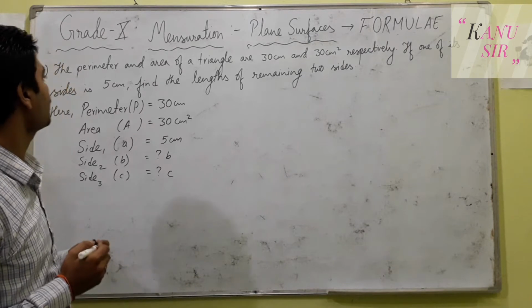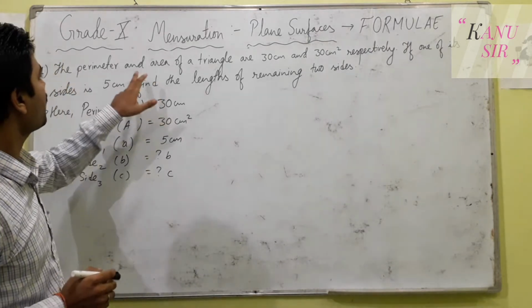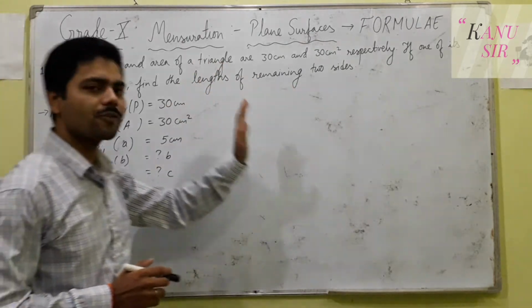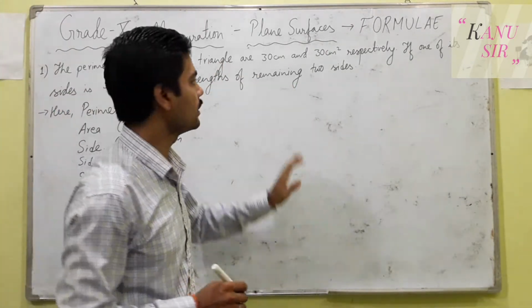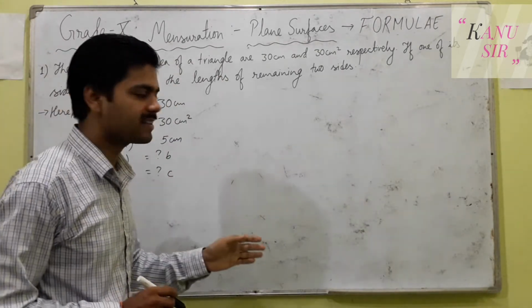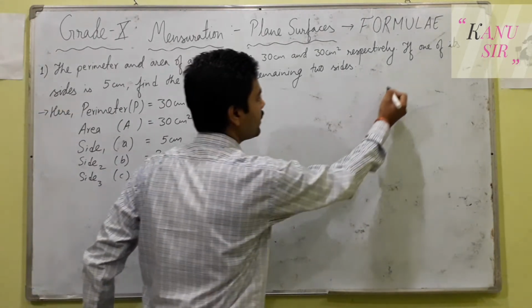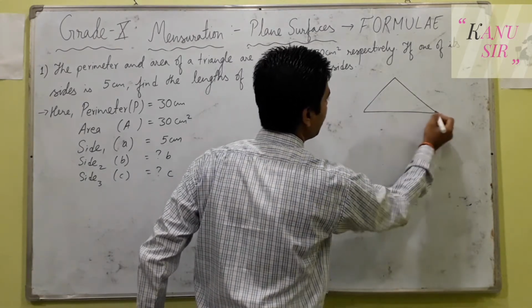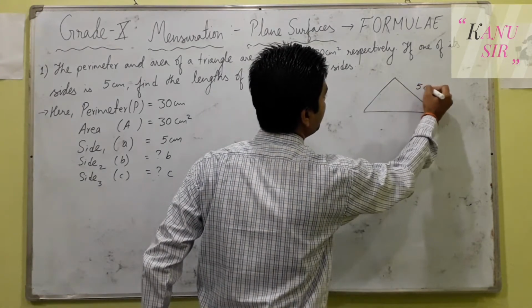And one point is difficult here: the type of triangle is not given in the question. So we must consider it as a scalene triangle. So simply we can make a triangle of any length, among them one of the sides is 5 cm.